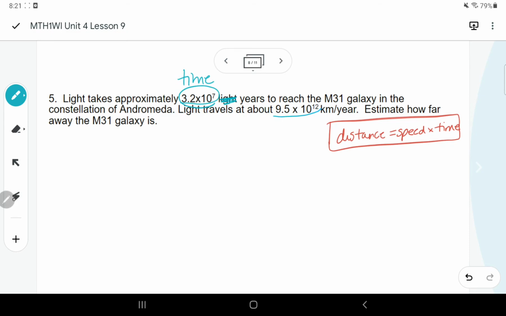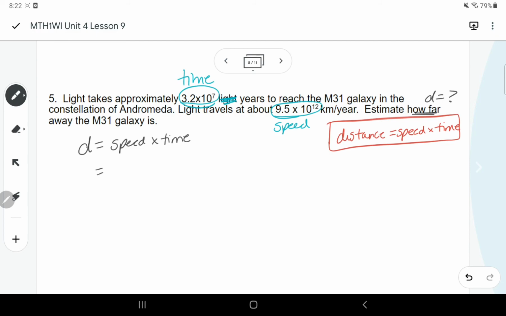And this is the speed of light. So we're going to use the formula distance equals speed times time, because it says how far. So I'm looking for my distance.